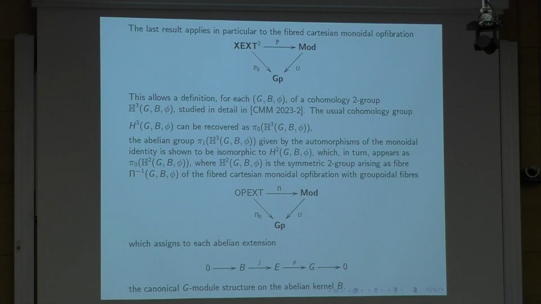So you don't need to perform any factorization in this case. You get immediately that this pi is a fiber Cartesian monoidal opfibration with groupoidal fibers.